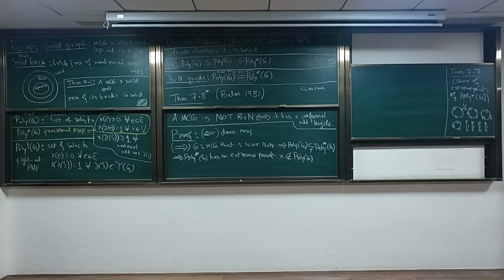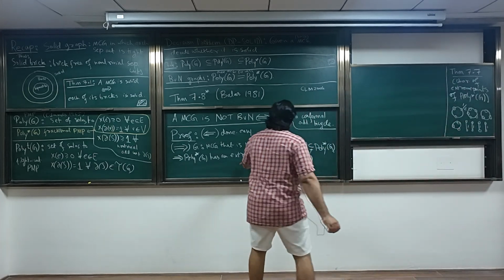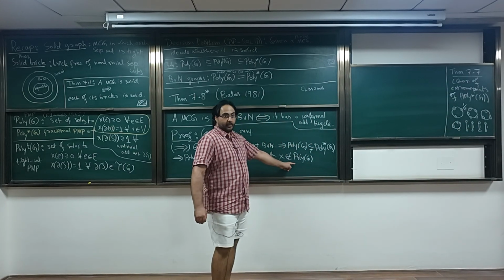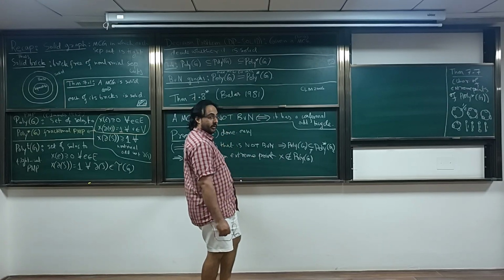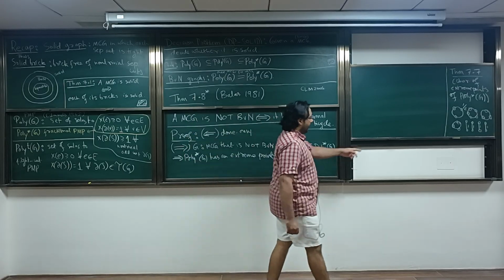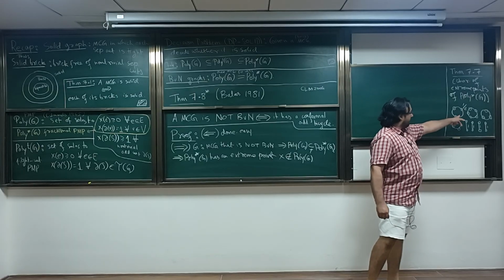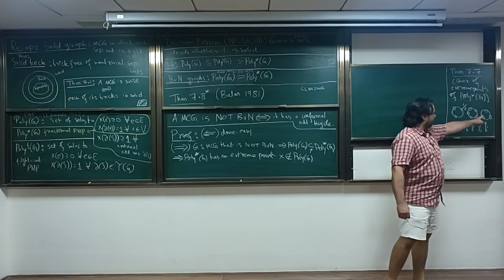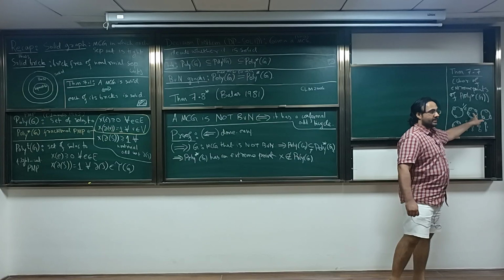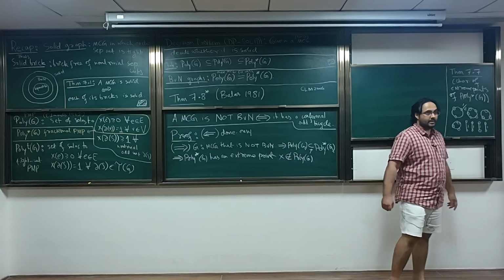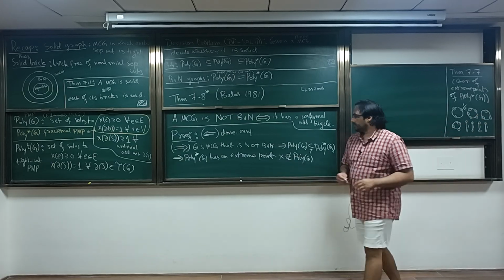So we'll use this. We have an extreme point of the fractional perfect matching polytope that is not in the perfect matching polytope. Therefore, it has to look like this, and in particular, because it is not in the perfect matching polytope, there have to be at least 2 and an even number of odd cycles in the support of this graph.